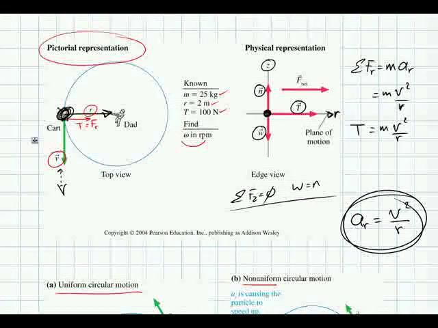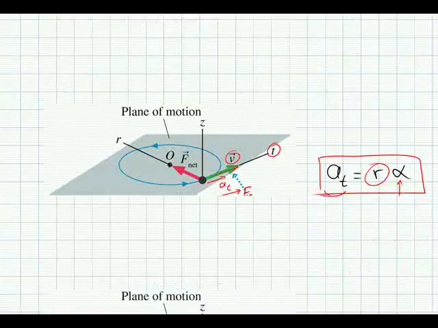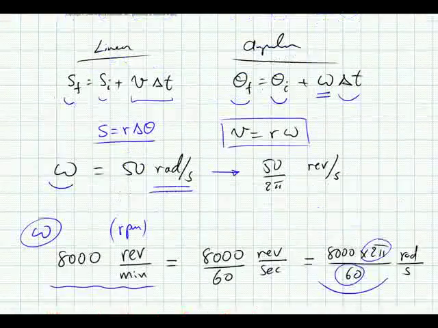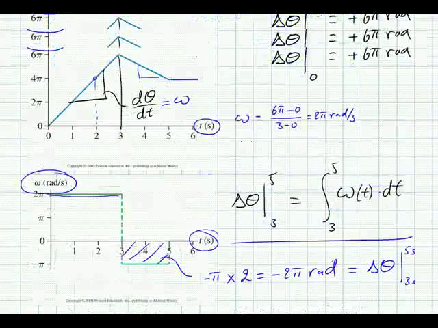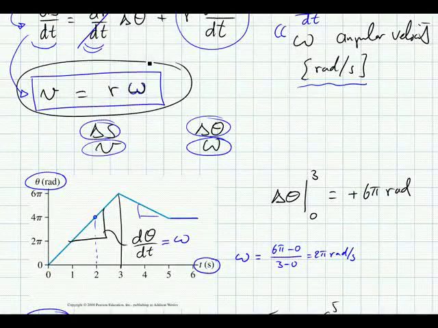If you recall, v was equal to r omega, right? Way up here somewhere. There we go. v is equal to r omega.